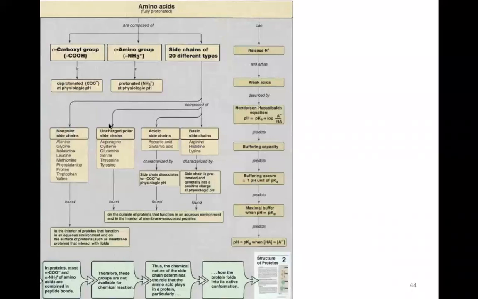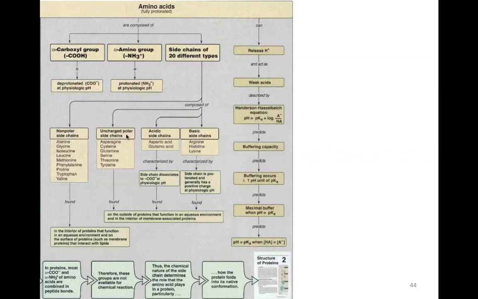We can have an uncharged polar side chain. We can have an acidic side chain. We can have a basic side chain. For the non-polar side chain, the R can be alanine, glycine, isoleucine, valine, all those. And we know that all those are non-polar side chains.